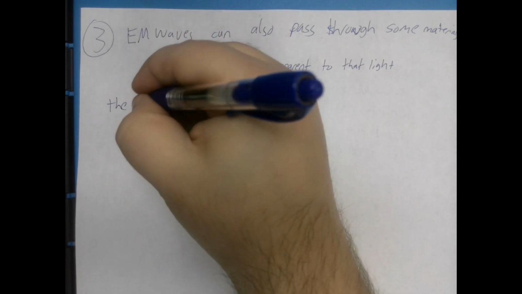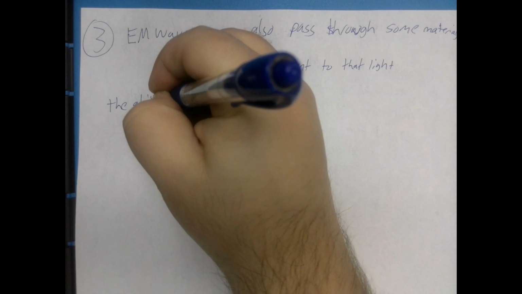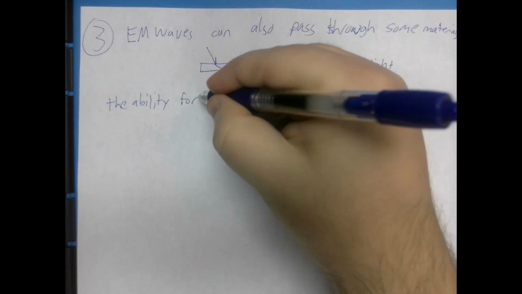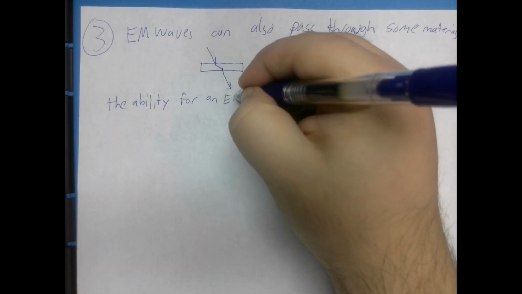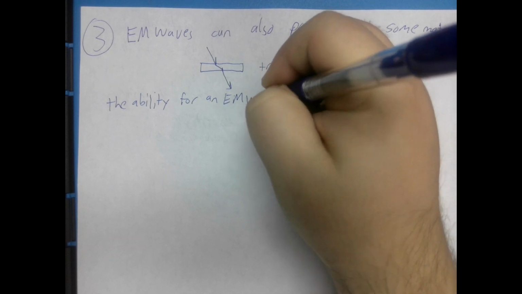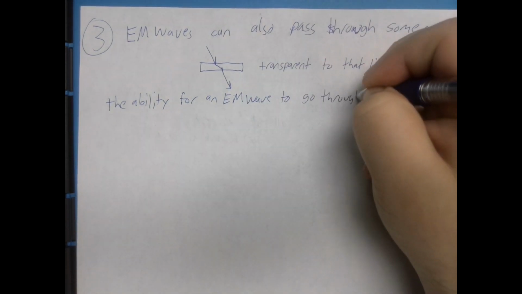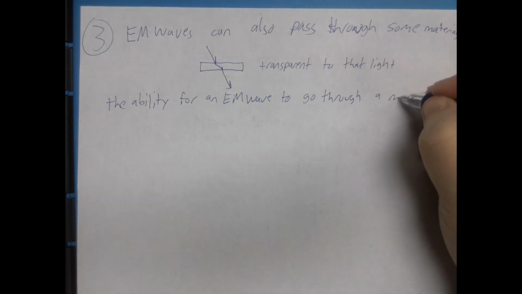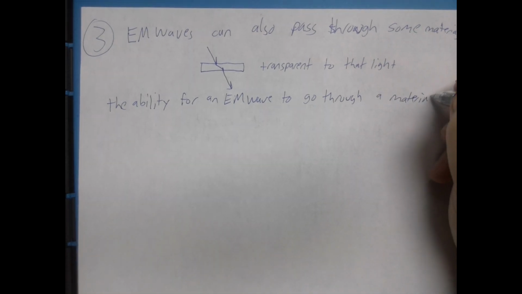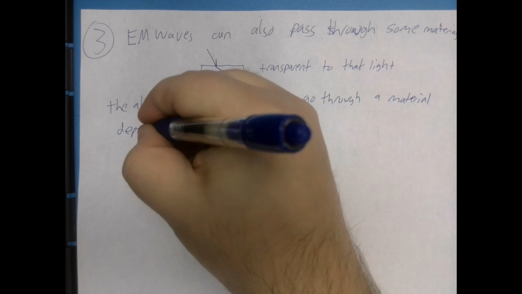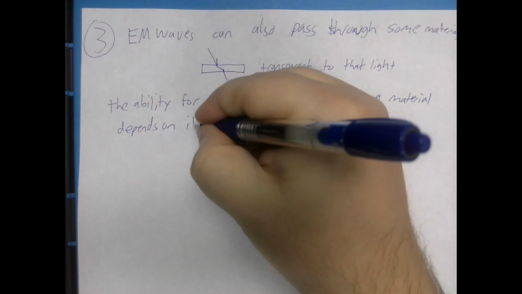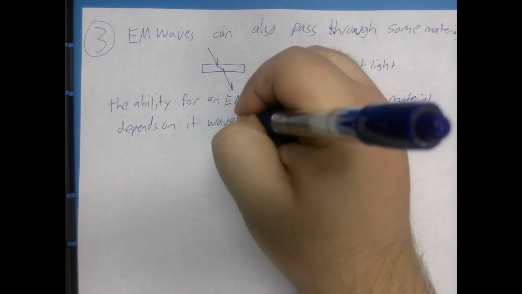The ability for an EM wave to go through a material depends on its wavelength or frequency.